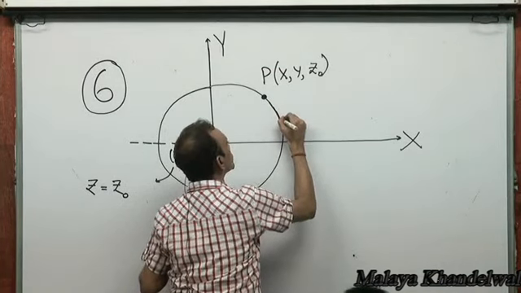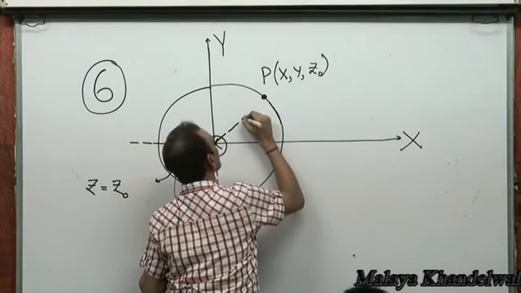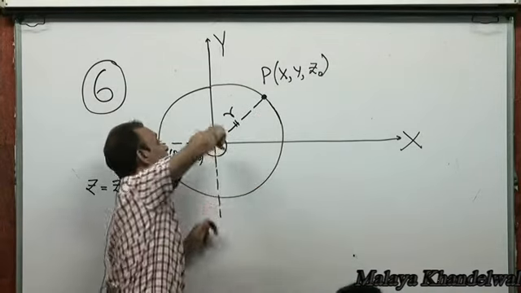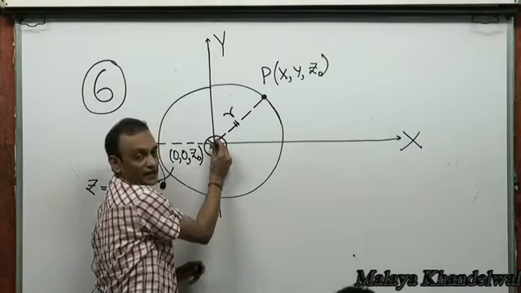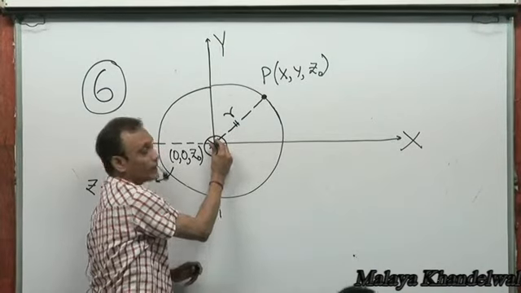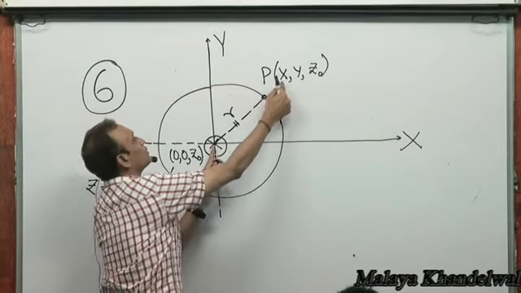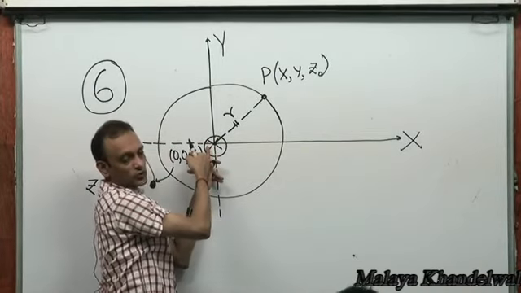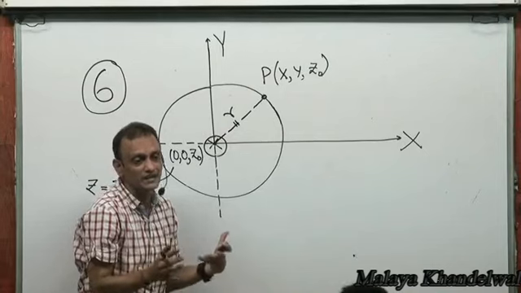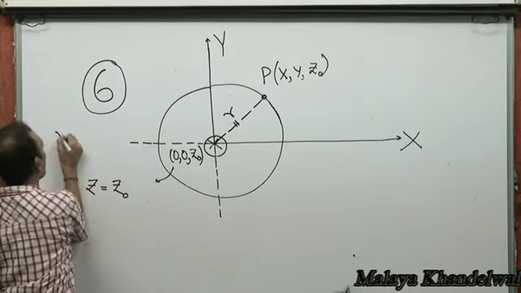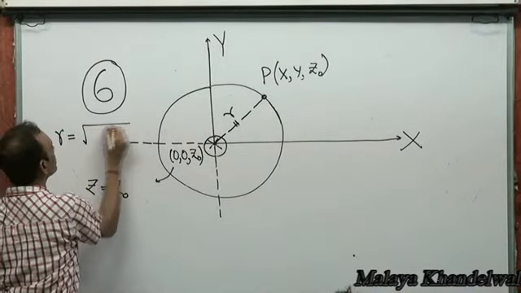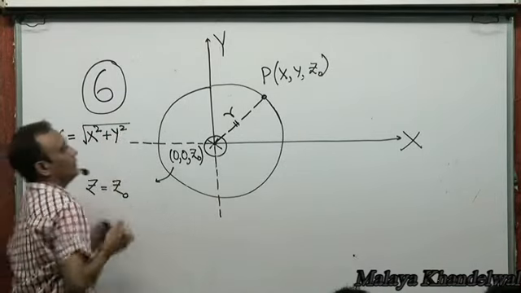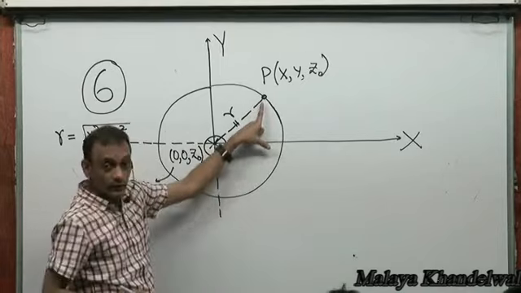Now, if this distance is r, which is the distance from the current carrying wire, r is root x squared plus y squared. Distance between these 2 points is what? Root x squared plus y squared plus z naught minus z naught squared. So root x squared plus y squared is r? Yes or no? I hope you realize that distance formula. Right?